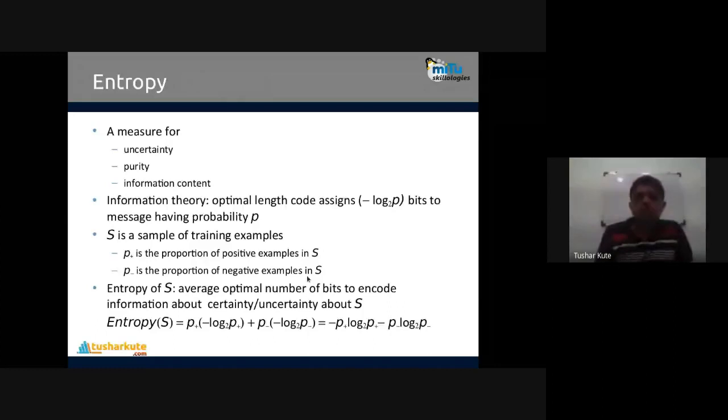And the entropy of S, the measure of purity and information contained, is calculated as the average optimal number of bits to encode information about uncertainty or certainty about S, and the formula is mentioned here.